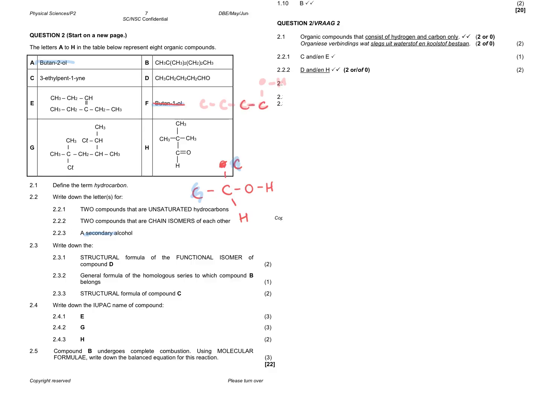Then if we look at butan-2-ol, 1, 2, 3, 4, the second carbon has an OH on it, and the carbon that the OH is attached to has 2 other carbons. It's butan-2-ol. It's A. So that answer is A. Sorry, I could just be showing you the memo, but I thought I'd show you where it comes from, because otherwise I'm not sure it helps.